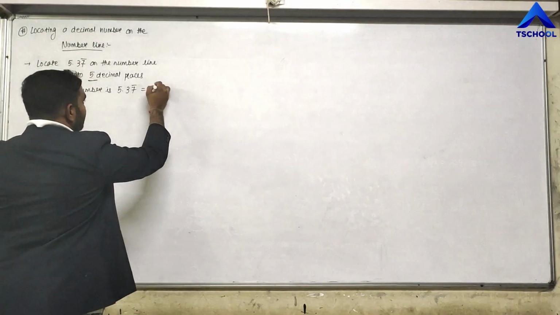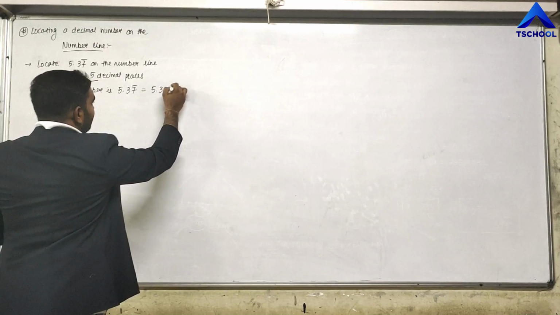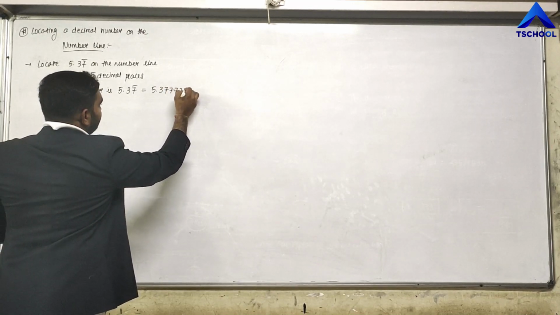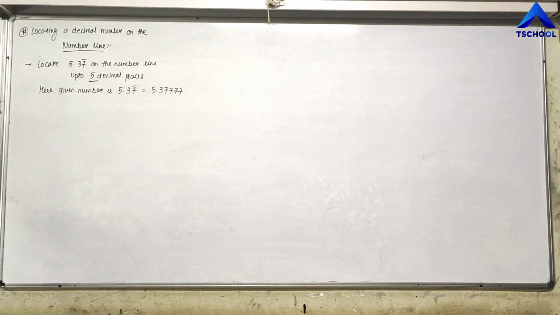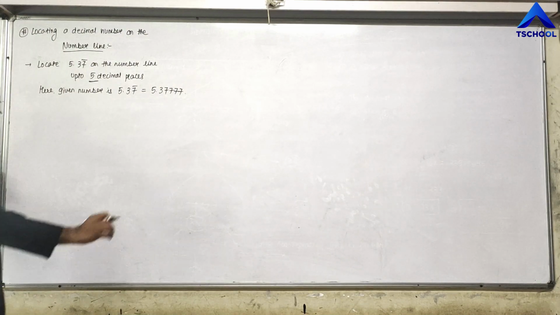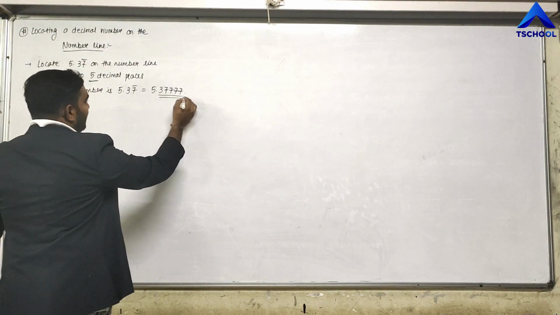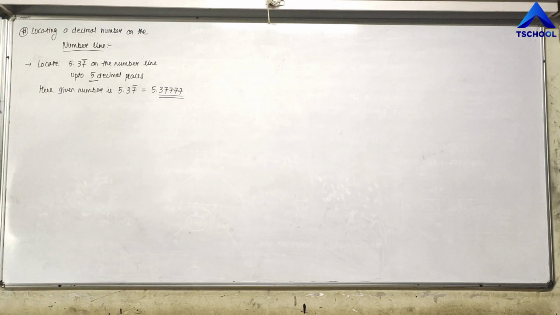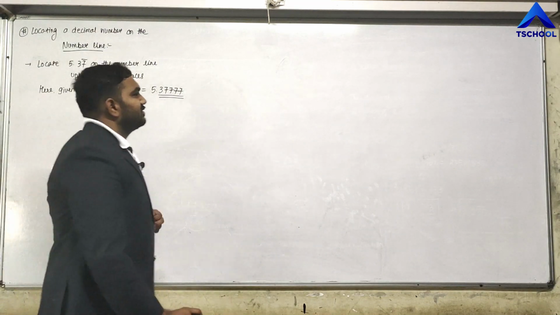That gives me 5.3777, right? So we are going to take up to this decimal places only, because we just need up to the 5 decimal places. So that's it, up to 5.37777. Now we are going to locate this on the number line.